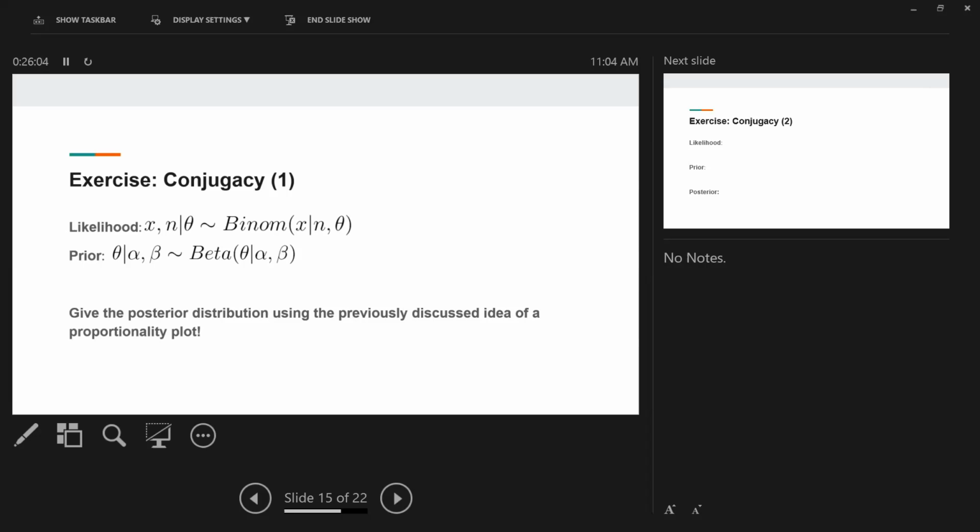Yeah, the p and the x in the likelihood and prior are the same.